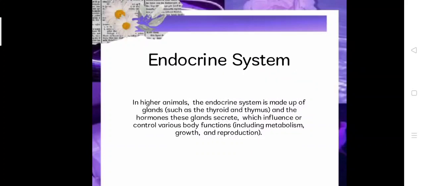Next is the endocrine system. In higher animals, the endocrine system is made up of glands such as the thyroid and thymus, and the hormones these glands secrete, which influence or control various body functions including metabolism, growth, and reproduction. So, the endocrine system encompasses a group of tissues that release hormones into circulation for travel to and action on distant targets.